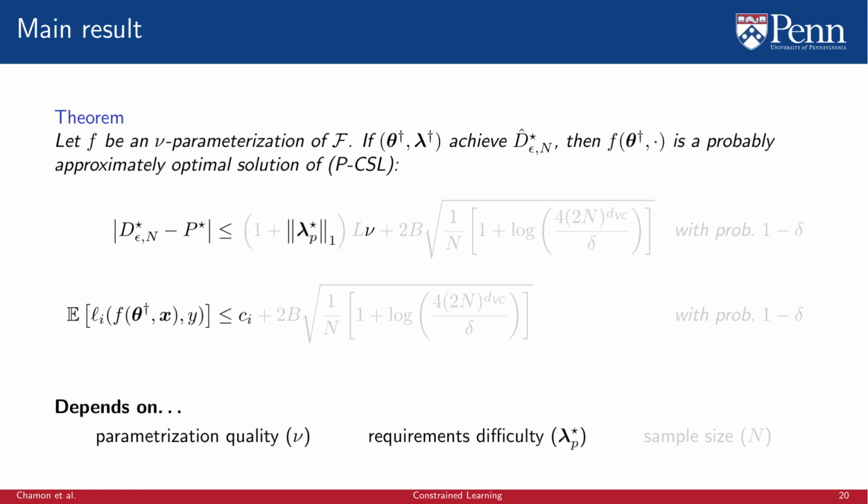That's quantified by lambda star p, which are the optimal dual variables of a related learning problem. Now, we can also close that gap by increasing the number of samples, but this is again mediated by the model complexity through the VC dimension, or DVC. The thing that's interesting to note here is that constraint satisfaction is really only affected by the number of samples.